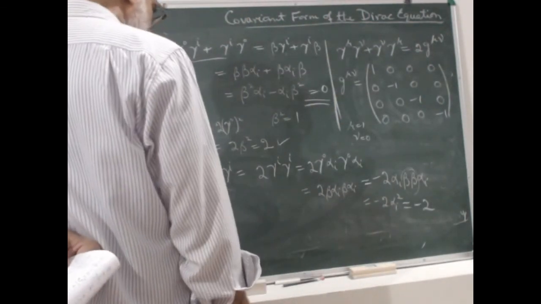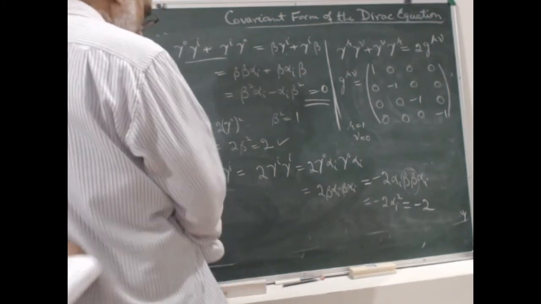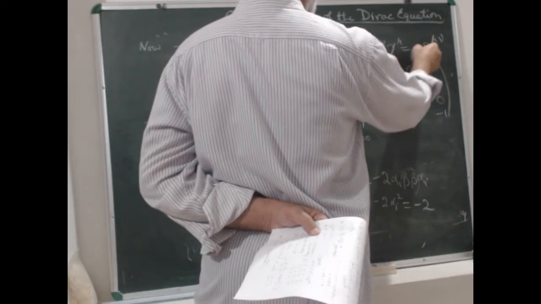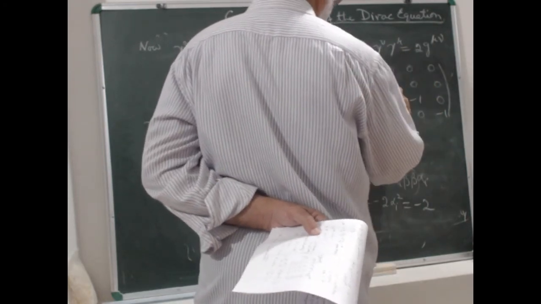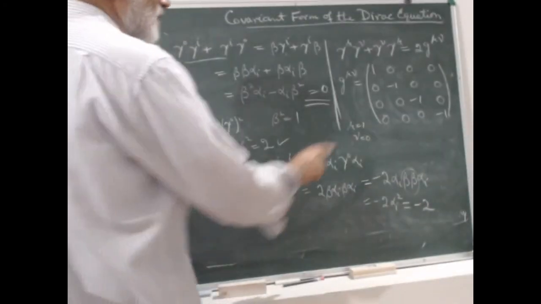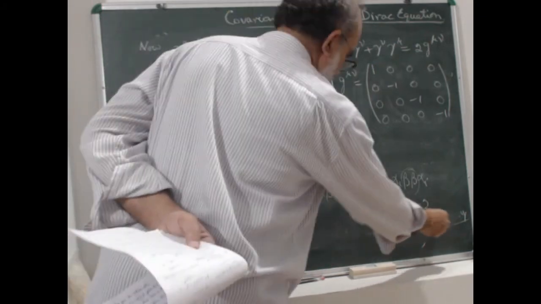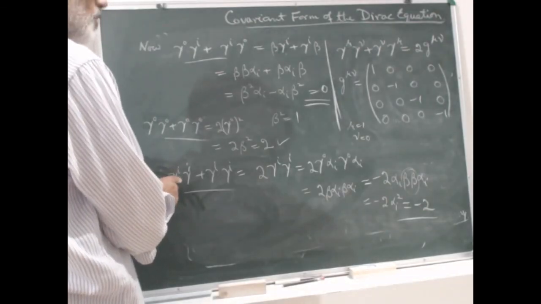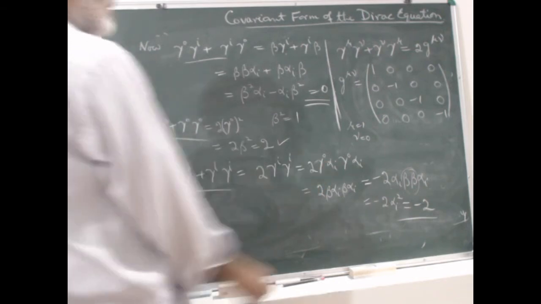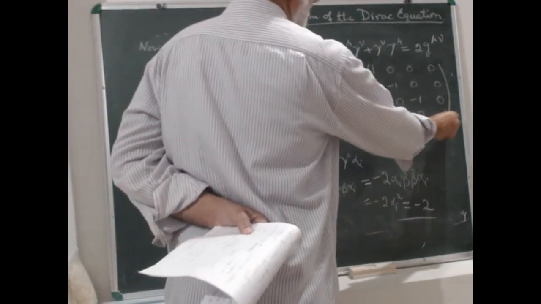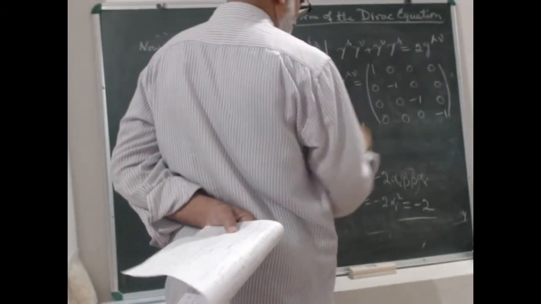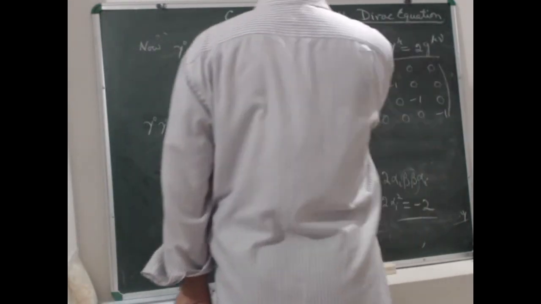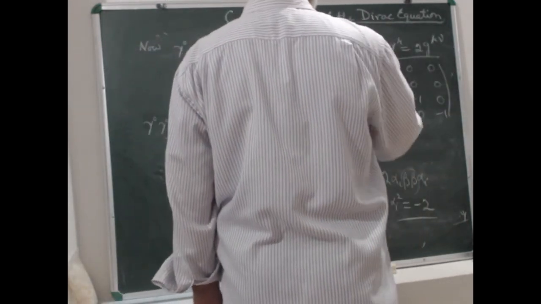Now if you take both as 1, it is gamma 1 gamma 1 plus gamma 1 gamma 1, and g 1 1 is minus 1, so you get minus 1 multiplied by 2, so it is minus 2. Either you take 1 1 or 2 2 or 3 3, in all the cases you will get minus 2, and for 0 0 you will get 1. So these 3 equations can be written in more compact form.